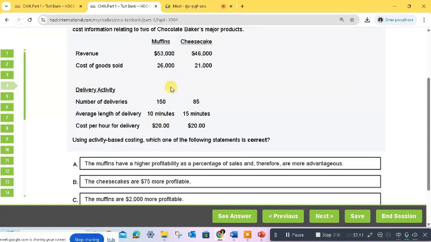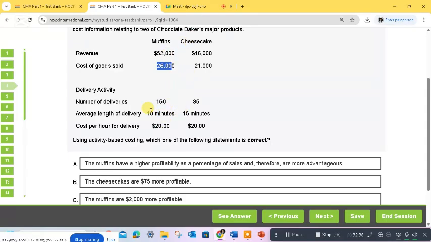So what they are saying, usually we take revenue, we subtract cost of goods sold, we find the gross profit. So based on gross profit, we decide which is more profitable. But now what the accountant wants to do, from the gross profit, he wants to subtract the delivery cost also, because he thinks delivery cost is specific. Maybe some item has more delivery cost, he believes.